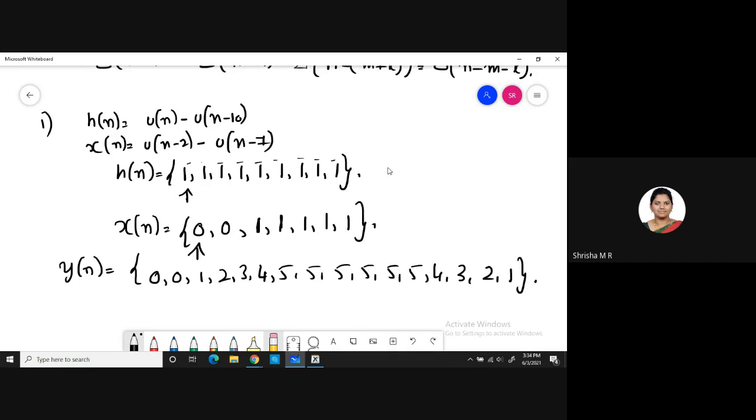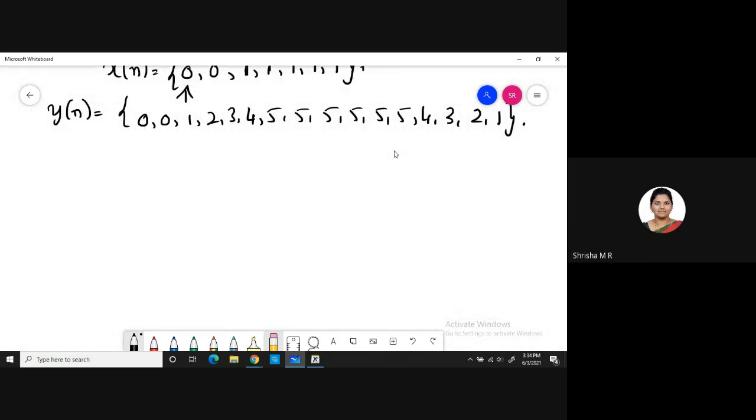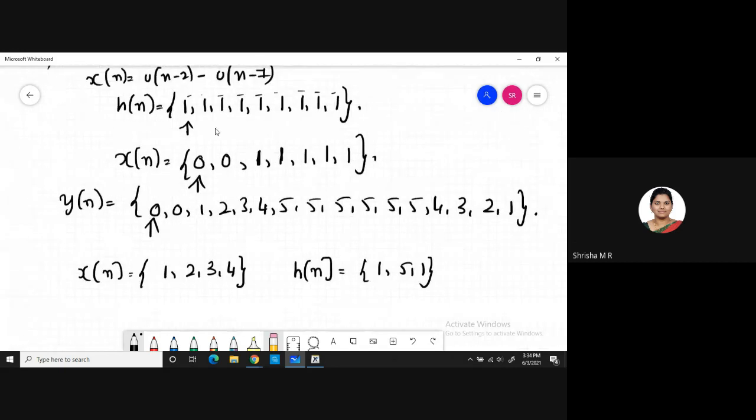Did everyone get the same? Yes, ma'am. Okay. So next problem, I had given you one more problem. x of n is equal to 1, 2, 3, 4. I think this is that problem of simple method which I had shown you, right? It's 1, 5, 1. So the origin will be here for this previous sum, because to the left of n is equal to 0, you don't have anything.